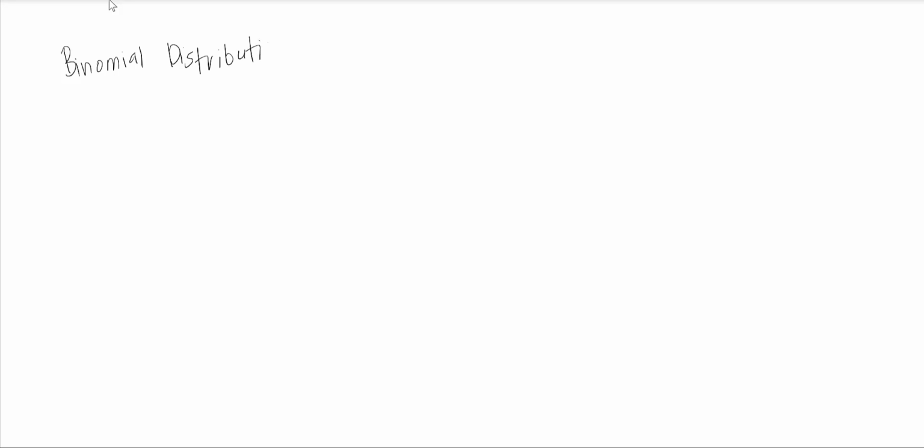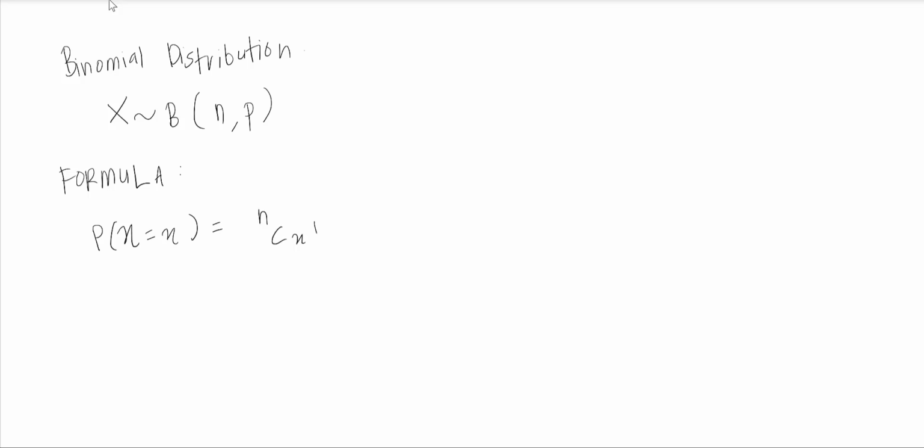Okay, so the binomial distribution is denoted as X ~ Binomial(n, p). And the formula of the binomial, to look at the probability, is P(X = x) = nCx p^x q^(n-x).